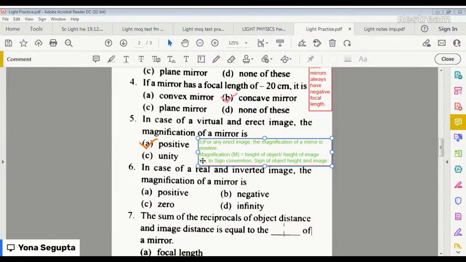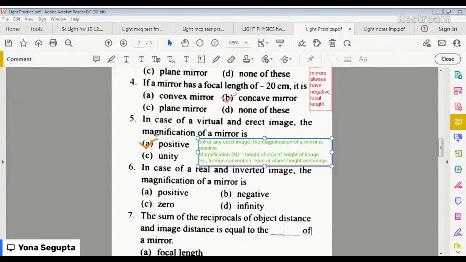So let's move on. Number 6 is, in case of a real and inverted image, the magnification of a mirror is dash. What is it? In case of a real and inverted image, what is the magnification of the mirror?